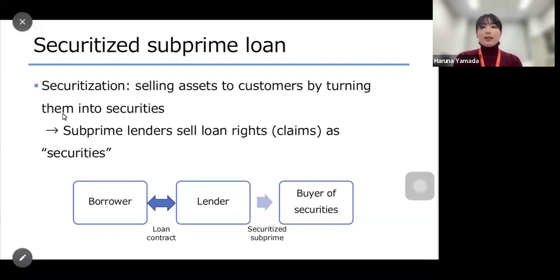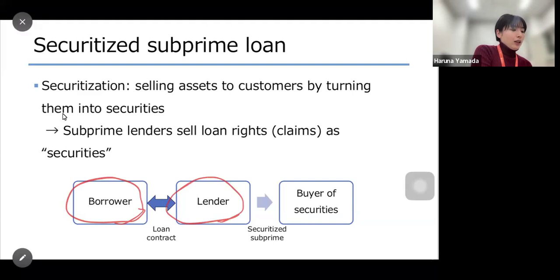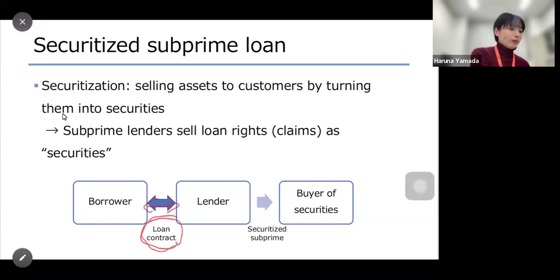Securitization means selling assets to customers by turning them into securities. Subprime lenders sell loan rights or claims as securities. So there are a borrower and a lender. They make a loan contract with each other. In the loan contract, borrowers must repay the loans on a particular date.